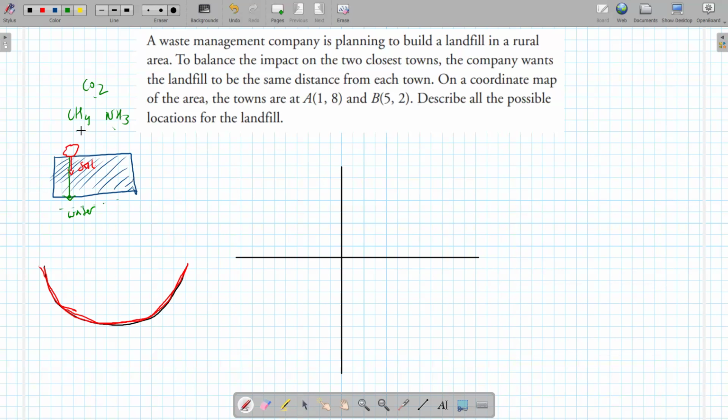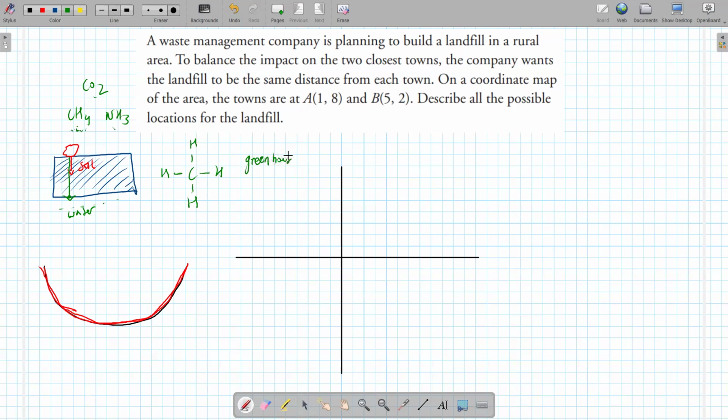When it goes through decomposition, it emits methane, and methane is CH4. It looks like this. It's one carbon and it has 4 hydrogens around it. It's a nonpolar molecule. Methane is really bad for the environment because it's a greenhouse gas. You've heard of greenhouse gases?